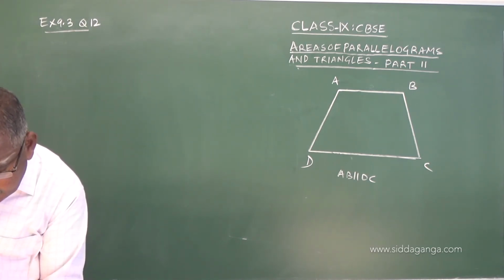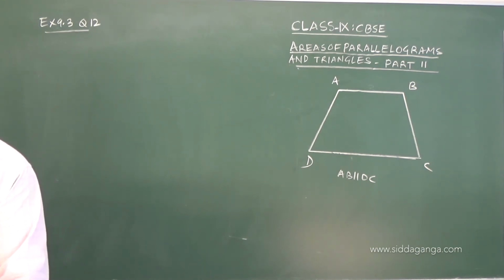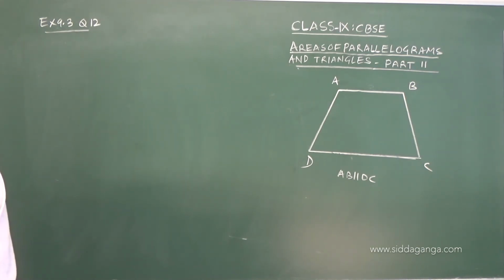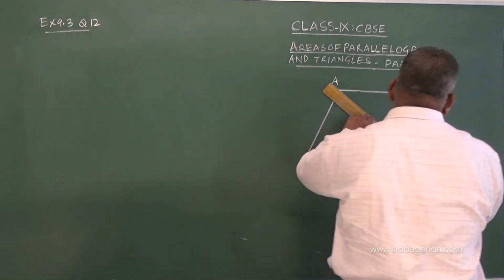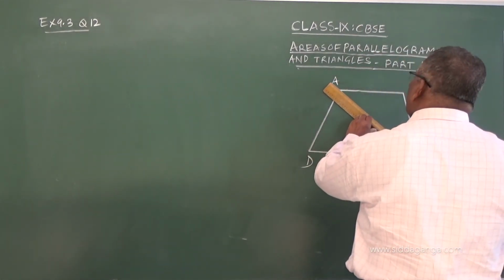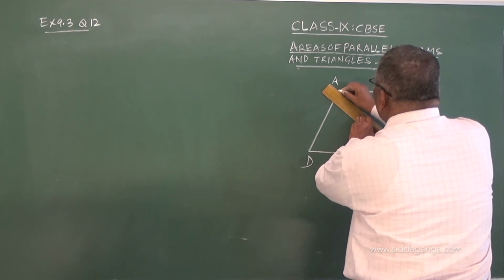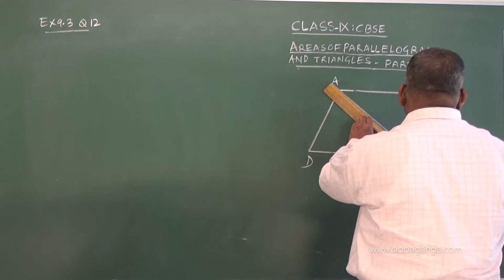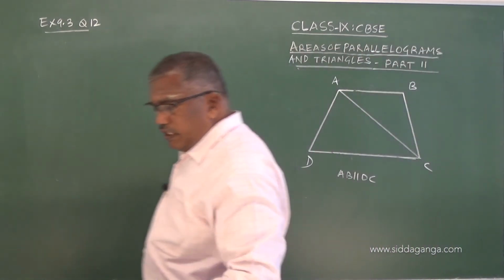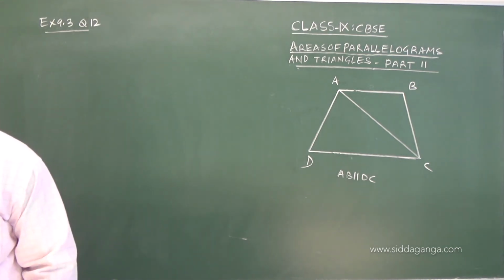First, you join AC. There is a reference for AC. First, we have to draw the AC. See, when the diagram is not given, you have to read the problem once, twice, understand it very clearly and draw the diagram.